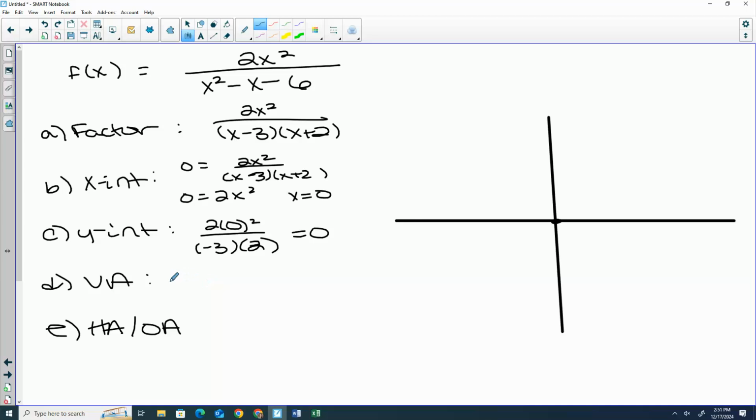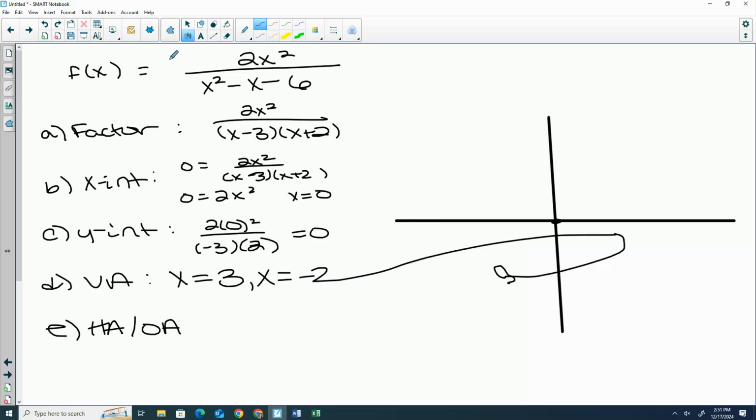Vertical asymptote. How do you find those? Okay, and you have to give me the equation. So what would they be? Vertical is up and down.